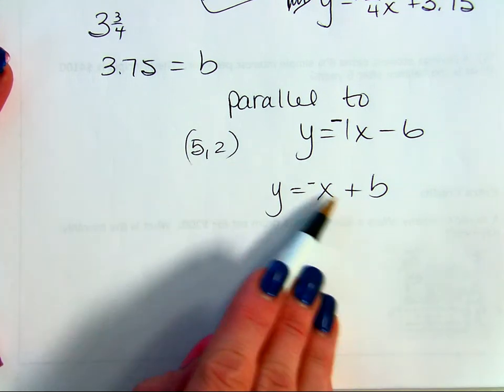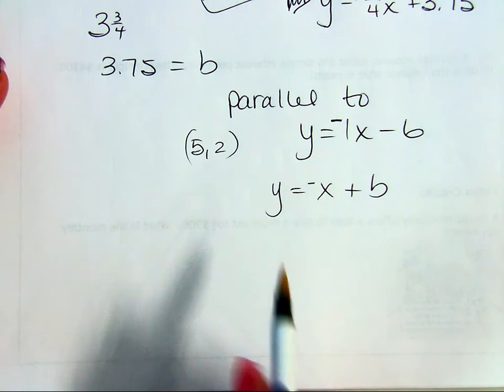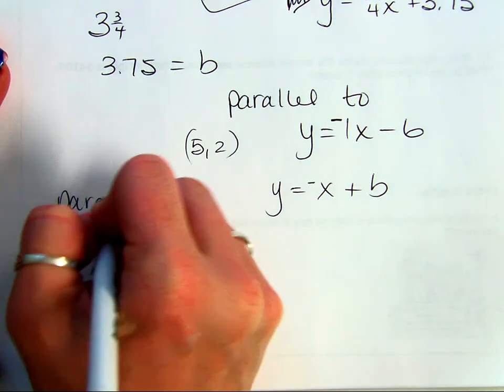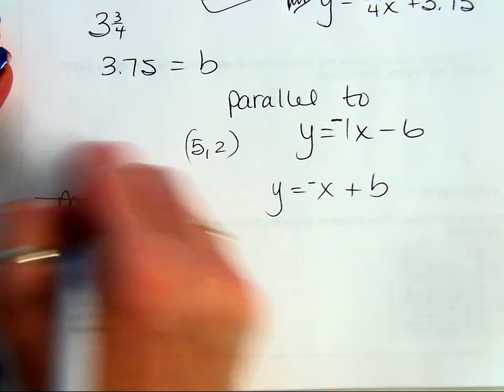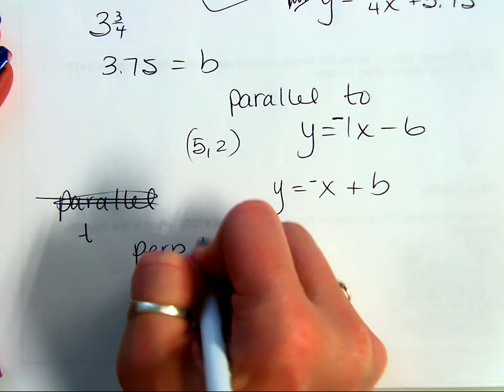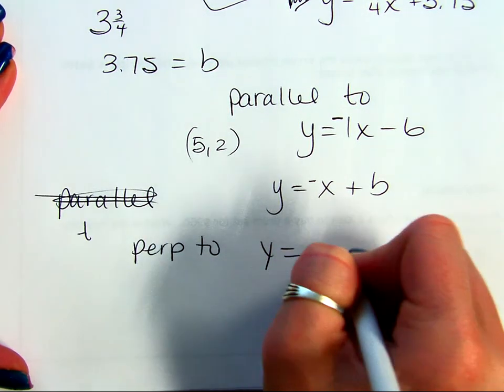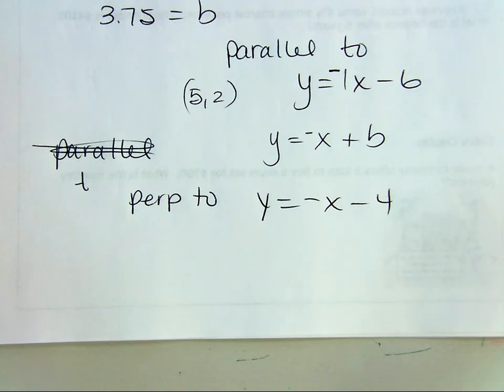Here's what's crazy. Write it perpendicular to y equals negative x minus 4. What is the slope that's perpendicular to a negative 1? Right, you're like, what do you mean? Because what is the reciprocal of 1? 1.